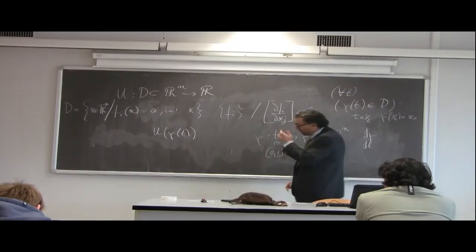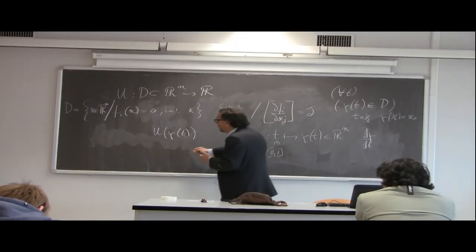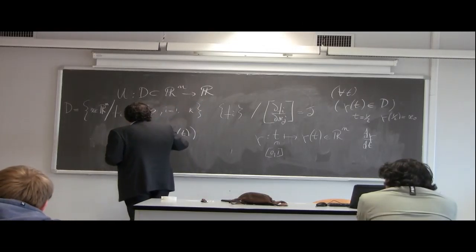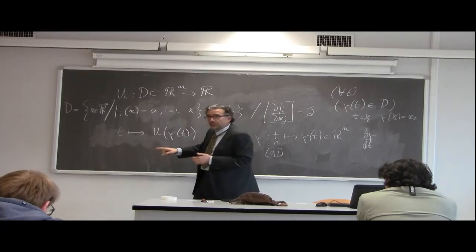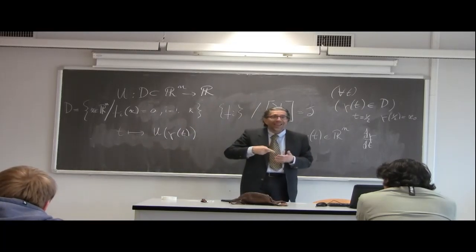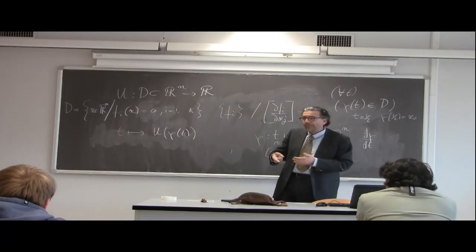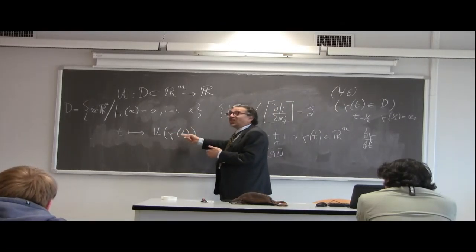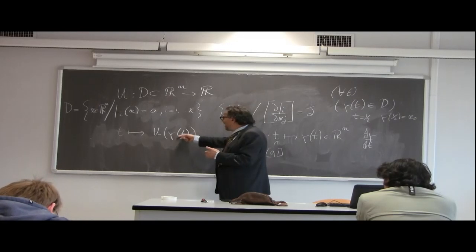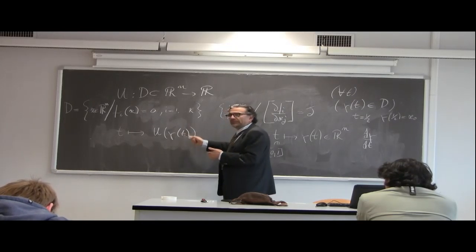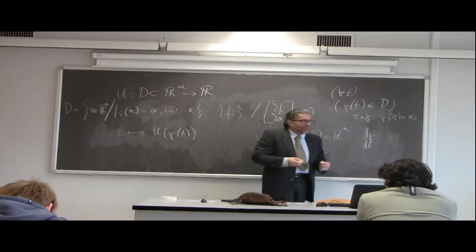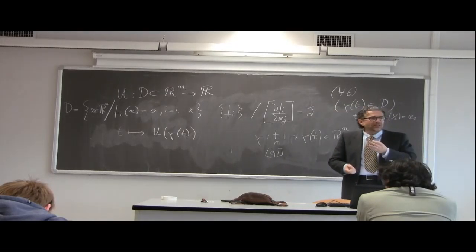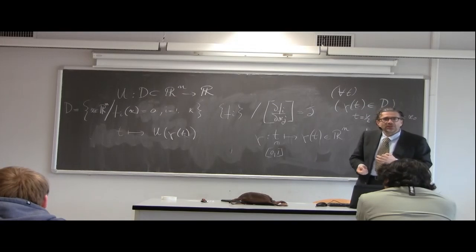So we can consider a function which to every t associates u, which has to be calculated in n variables. Which n variables do we consider? Gamma of t. So actually we have a real function of one real variable.